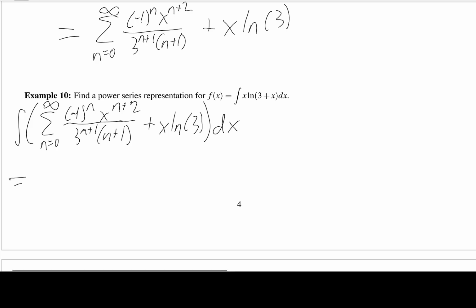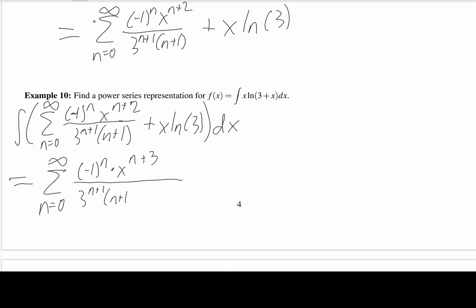Okay. So for the first part, for this series, whenever we integrate it, remember we're going to add 1 to the exponent of x and then divide by that exponent. So that'll give me the sum from n equals 0 to infinity, negative 1 to the n times x to the n plus 3 over 3 to the n plus 1 times n plus 1.